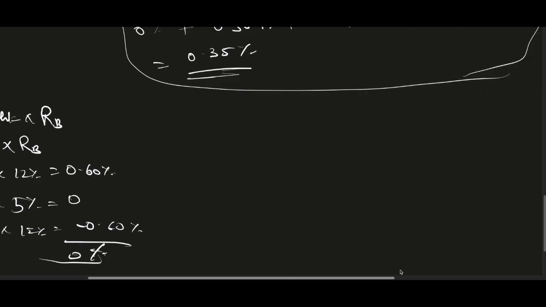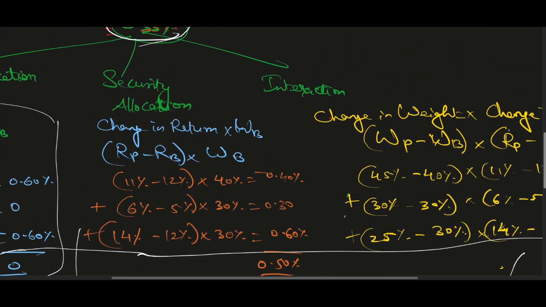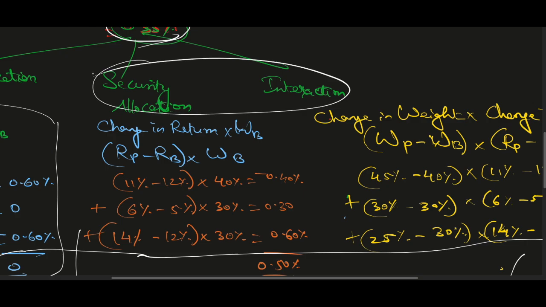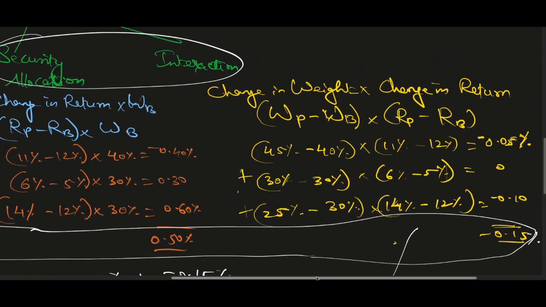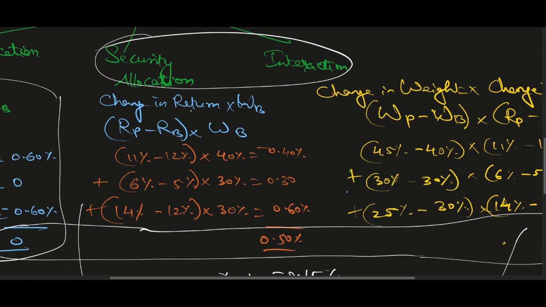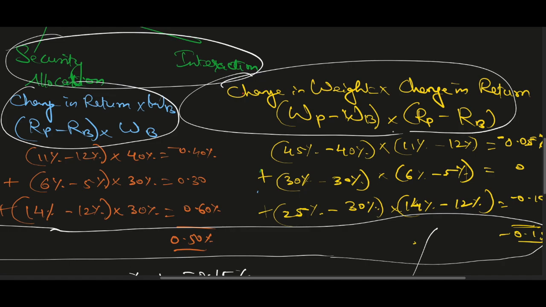Then if I want to combine these two parts, so how will I do? Now when I say change in return, let me write this as well, and then we will further create another way. So change in return into weight of the benchmark.